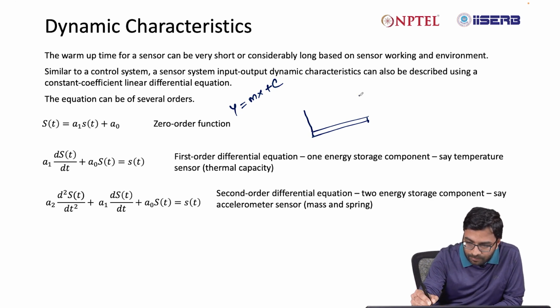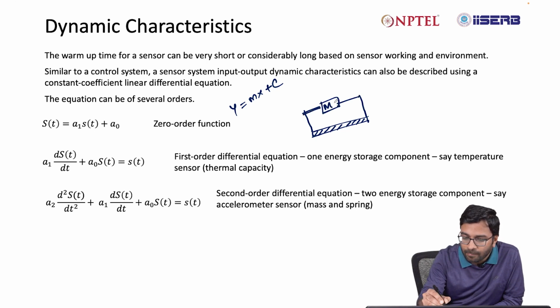So usually an accelerometer has, say, a metal plate in the bottom, then it has a mass which is connected using a spring. Okay, so this is the spring part, this is the mass, and then you have a metallic electrode at the bottom.